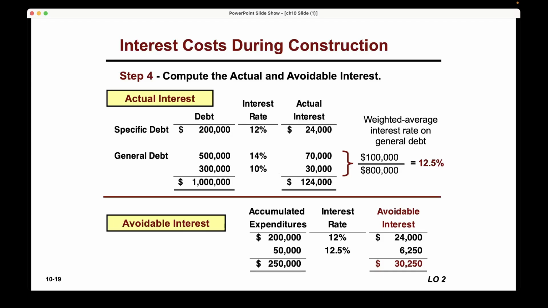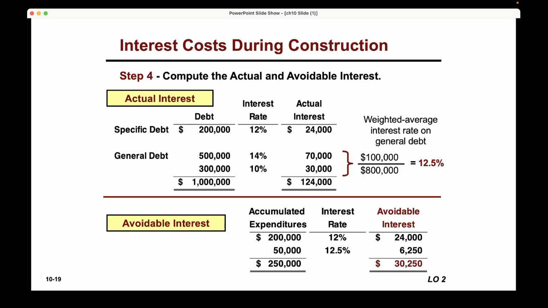To calculate the weighted average interest rate on this general debt, we first calculate the interest on each by simply multiplying each nominal amount with its respective interest rate. And so we get 70,000 for the bonds and 30,000 for the notes payable, and therefore it results in a total of 124,000 interest.